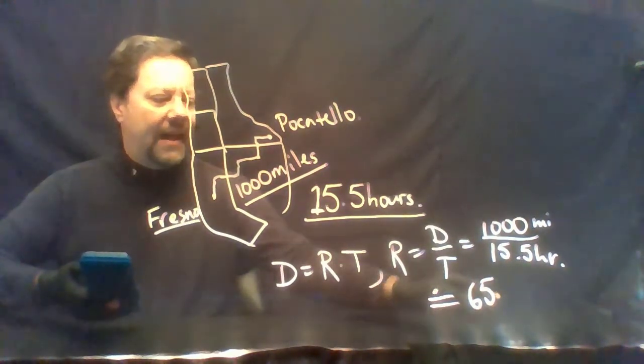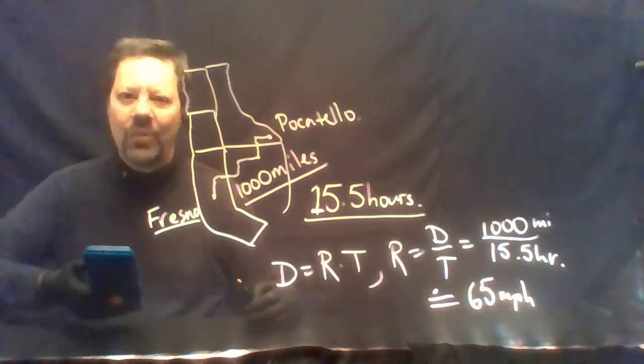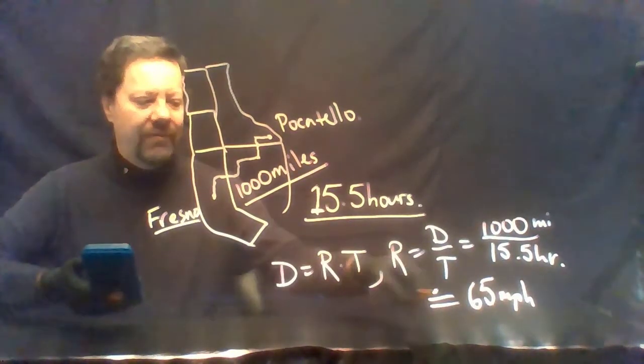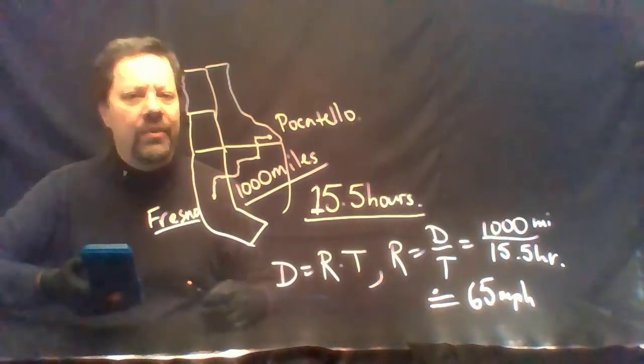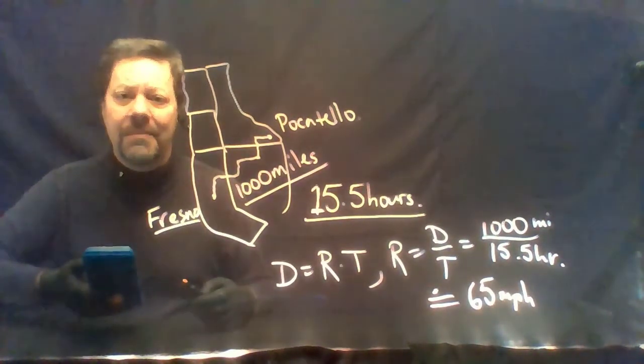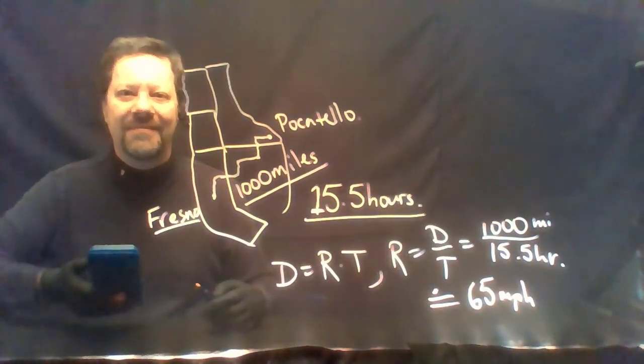65, and I'm putting a dot over the equal sign. Whenever I put a dot over the equal sign, that tells you something specific. I'm trying to convey to you that I'm rounding the answer to some decimal place accuracy. In this case, to the nearest units.